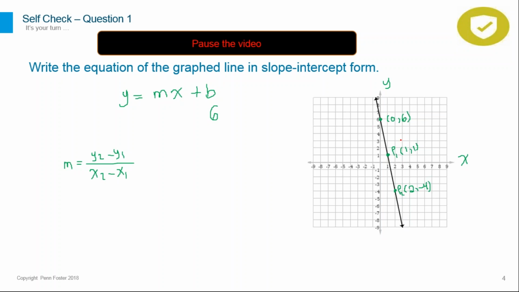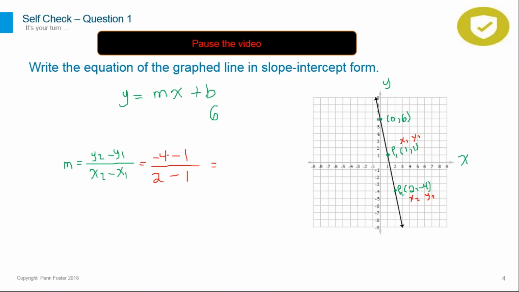So point 1, that is x1 and that is y1. Since this is point 2, x2 and y2, simply plug in the values, subtract, and then divide. So y2 is -4 minus y1 is 1, over x2 is 2, and then minus, we have a 1 for x1.